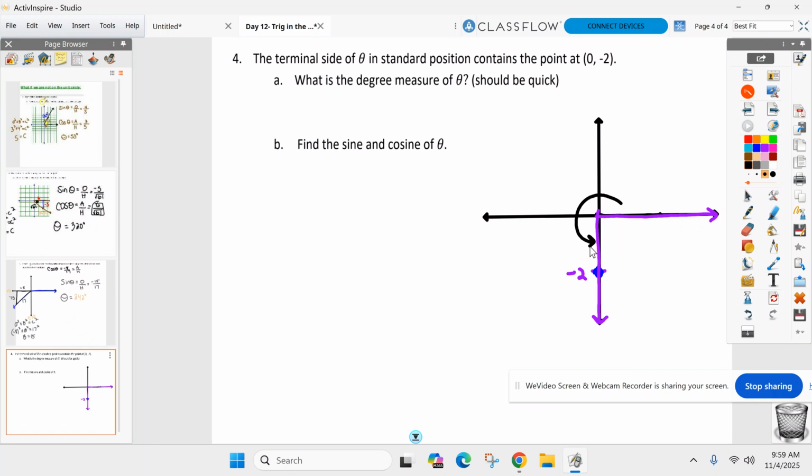What's the degree measure? We don't have to do anything on equations. We don't have to build a right triangle. Oh, it's 90. Okay. It should be what? 270 degrees. Yep. That's 270. Where can I get the sine of 270 and the cosine of 270 quickly? On the calculator.